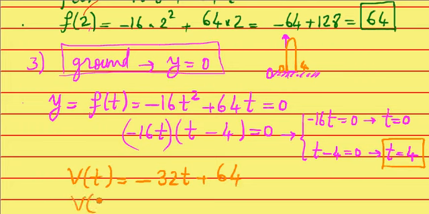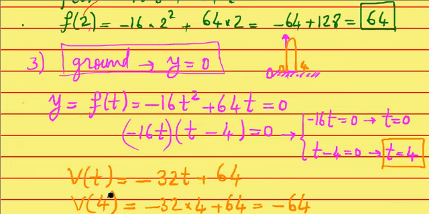So 4 seconds after launch, how fast is it going? Minus 32 times 4 plus 64 is minus 128 plus 64, makes minus 64.